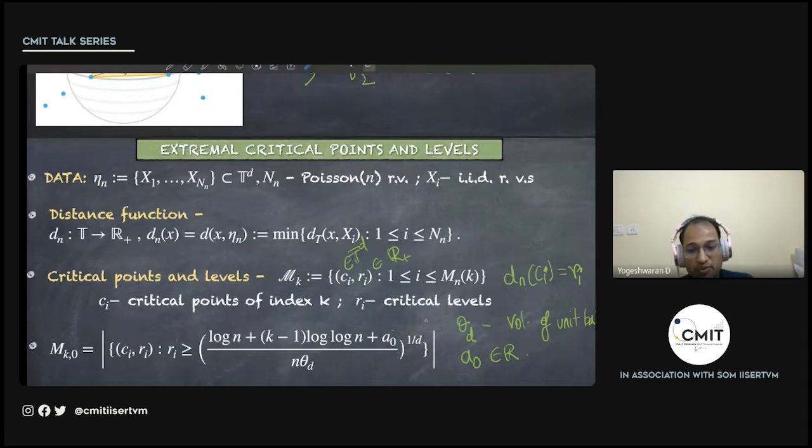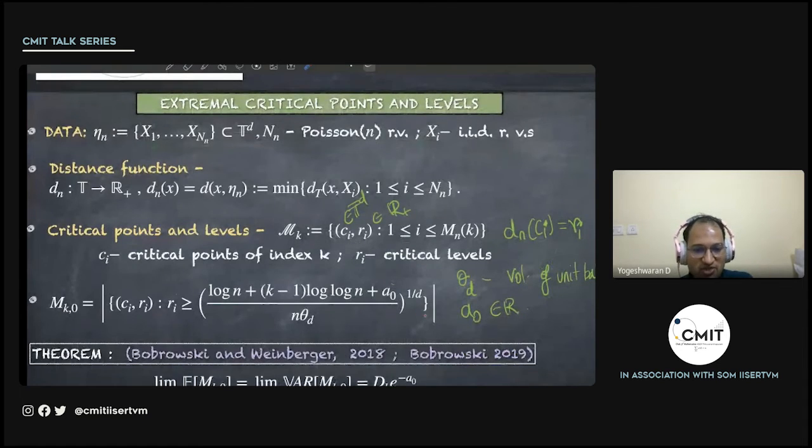And a very nice result proved by Omer Bobrowski and Shmuel Weinberger, and later extended further by Bobrowski, is the following. Everything is now explained. Why did we do this? Because the expectation and the variance converge to a constant.